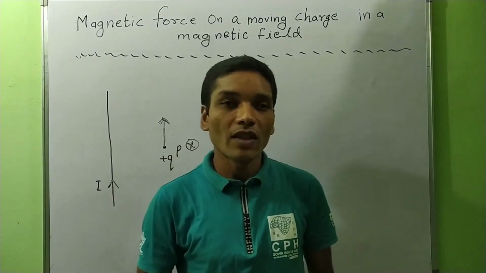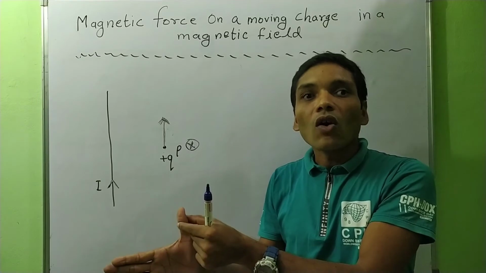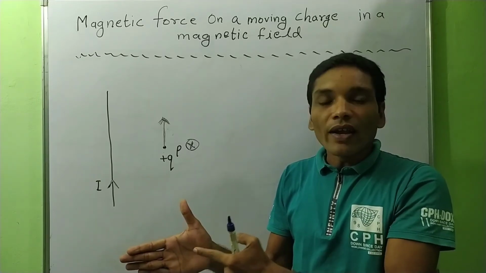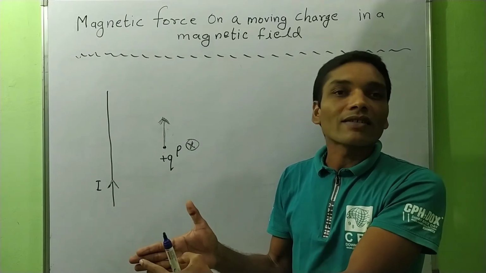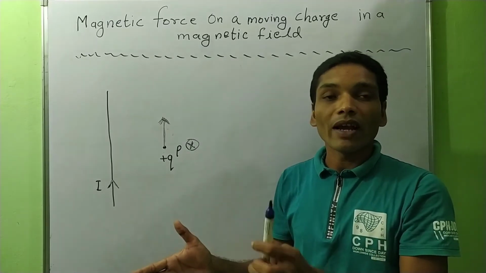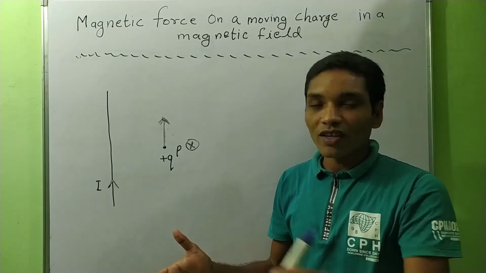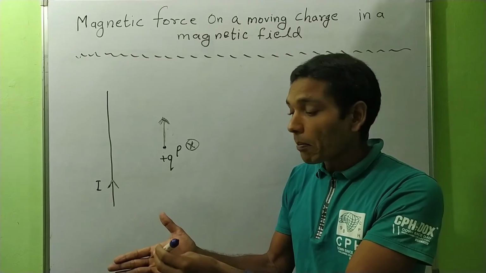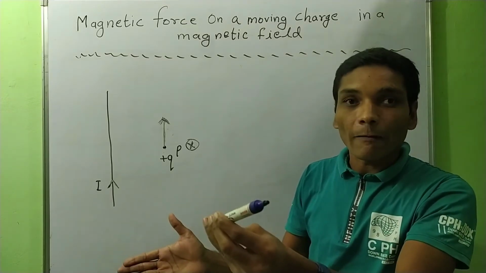I repeat, if the thumb shows the direction of motion of the charge particle and the fingers point the direction of magnetic field, then the direction of magnetic force acting on the moving charge particle will be perpendicular to the palm, outward.